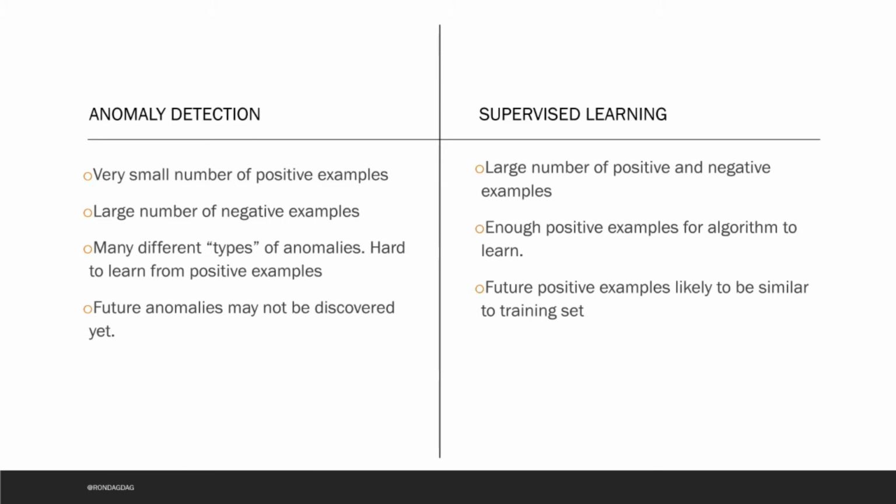Of course, if there are enough positive examples for the algorithm to learn. If you only have a few examples or it rarely happens, supervised learning techniques may not work.